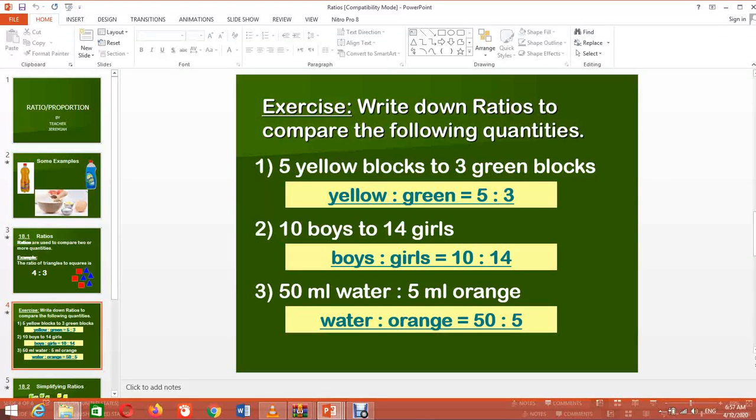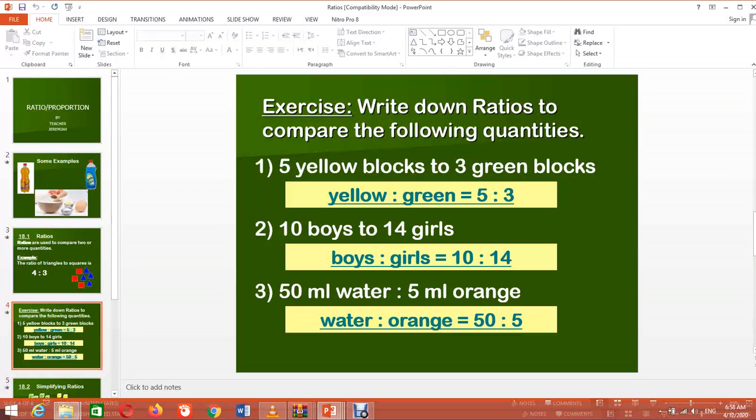The ratio of yellow blocks to green blocks is 5:3 because yellow is 5 and green is 3.